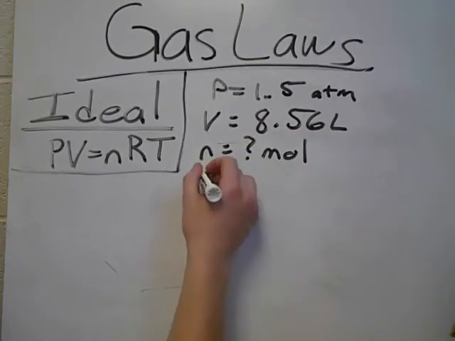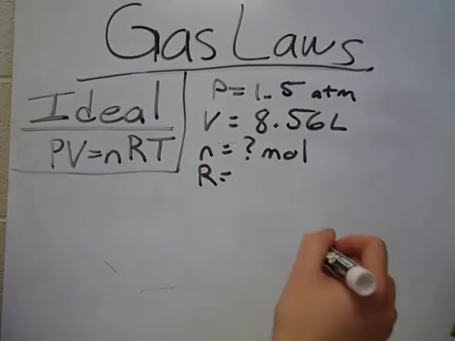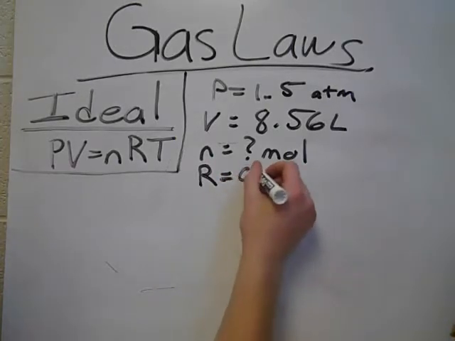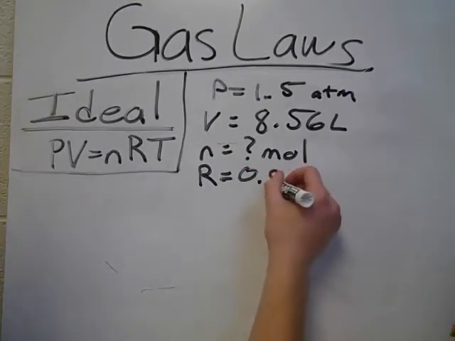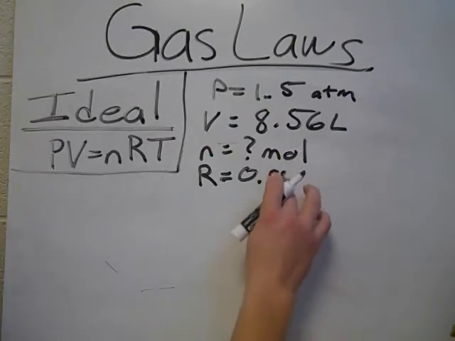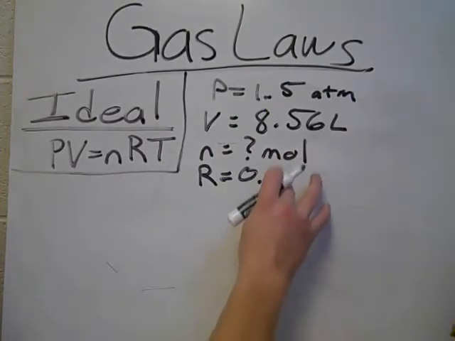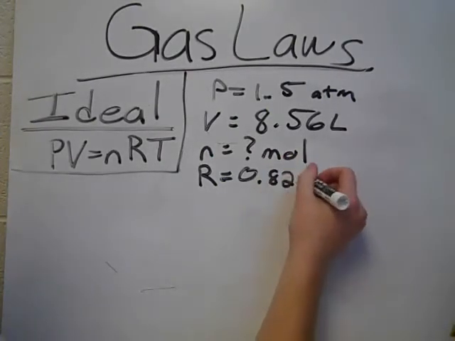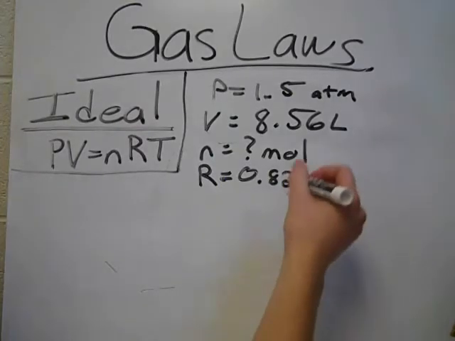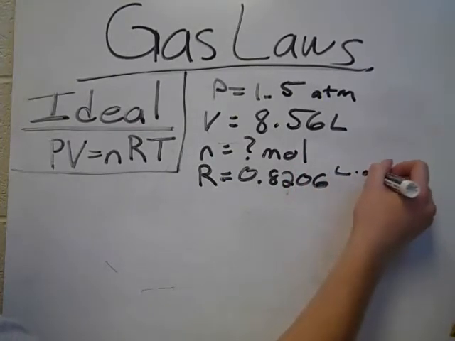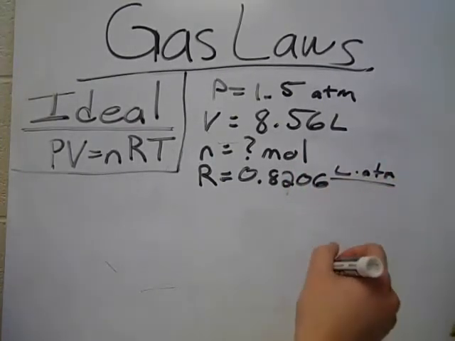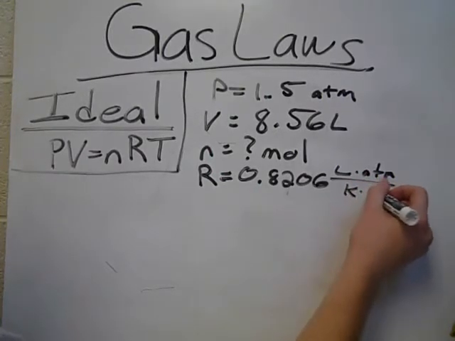That's in moles. R is equal to the constant 0.08206 liters ATMs over Kelvin moles.